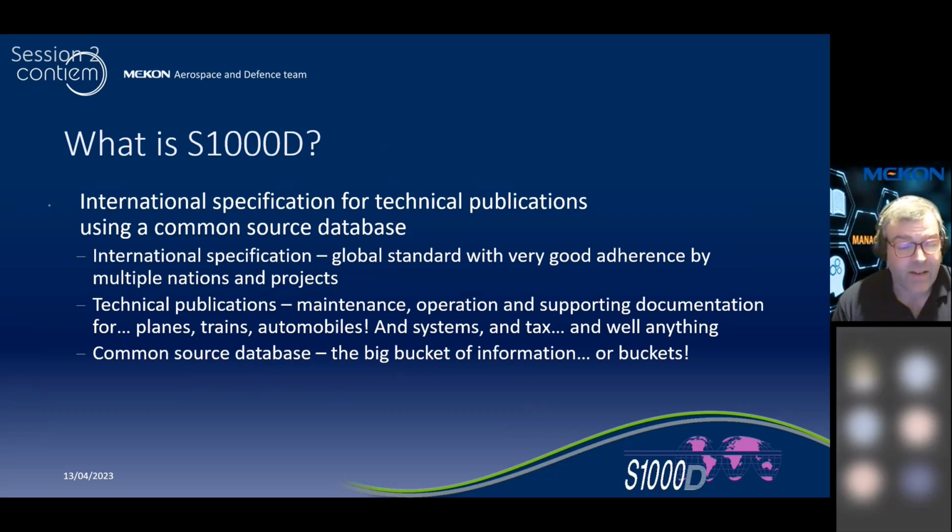That's where S1000D came from in the first place. They decided that if they use structure and some common elements, then they could exchange this information between each other. And in time, it's moved on. It is used in the rail industry.